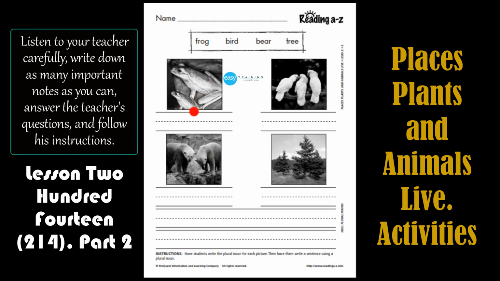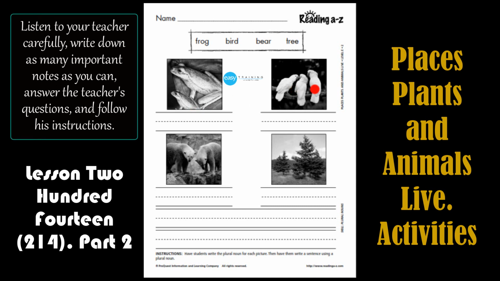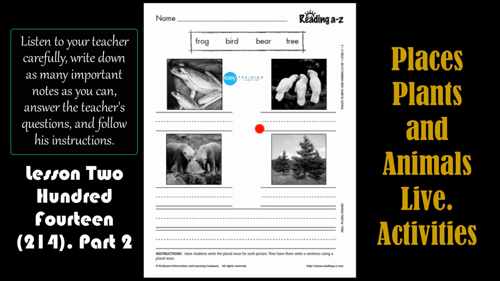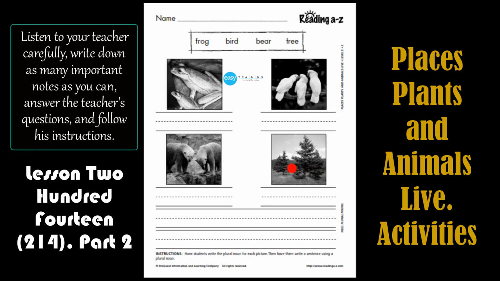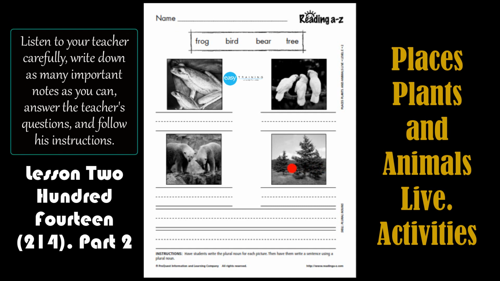Frogs, 2 frogs. Birds, 3 birds. Bears, 2 bears. Trees, some trees. I'm going to write the plural noun forms here below the pictures, and after writing them we are going to make 2 sentences using 2 plural nouns.